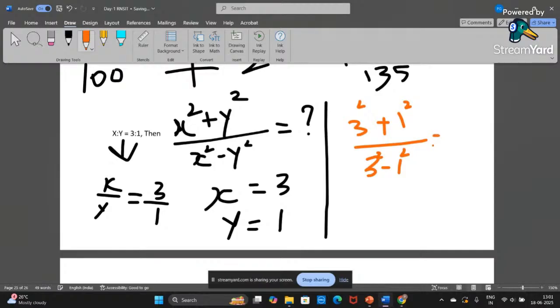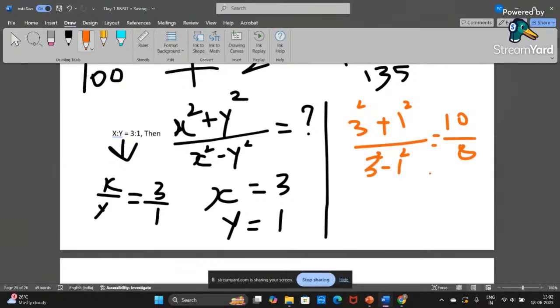So 3 square plus 1 square, it is 9 plus 1, it is 10. And 3 square minus 1 square means 9 minus 1 is 8.